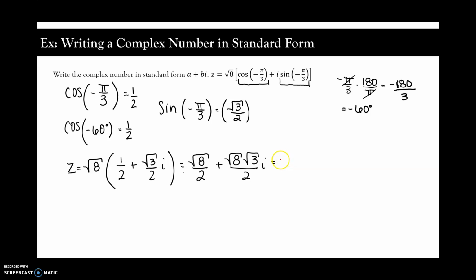So this is going to actually give me, and I will let you guys examine this one, a square root of 2 plus, or no, this needs to be minus the square root of 6i.